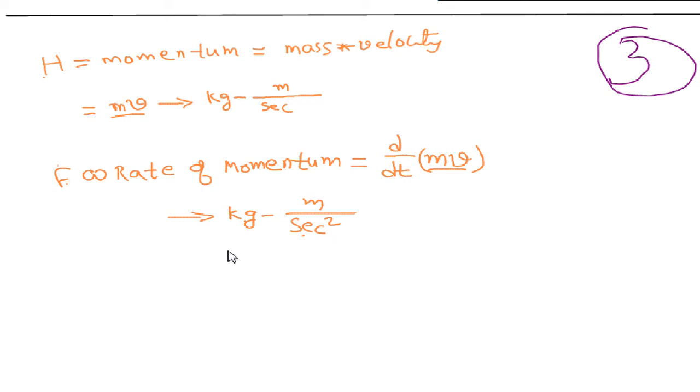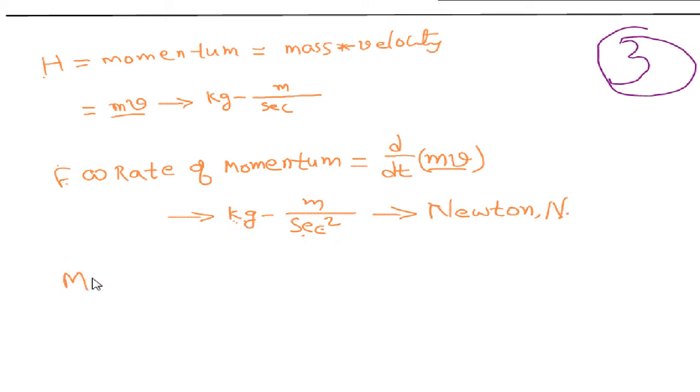This unit comes in so often both in statics and dynamics that it is given a name, and the name given is Newton, often abbreviated as N. So force has units N, or you may also write kg meters per second square. This N is an abbreviation for kg meters per second square.